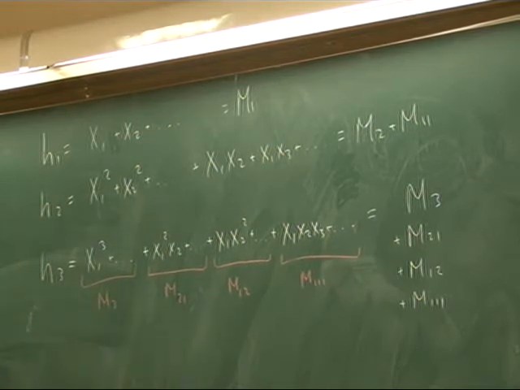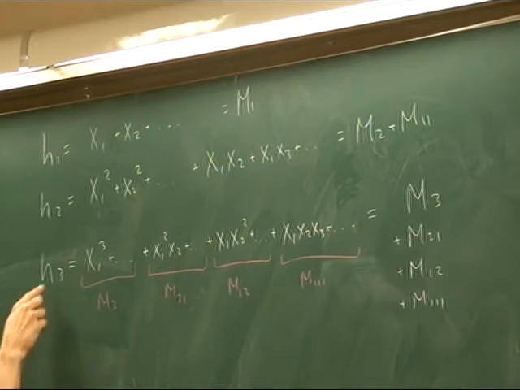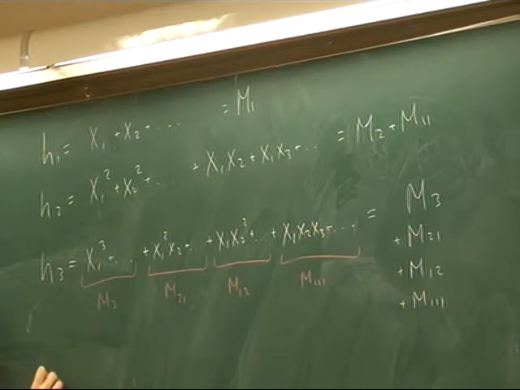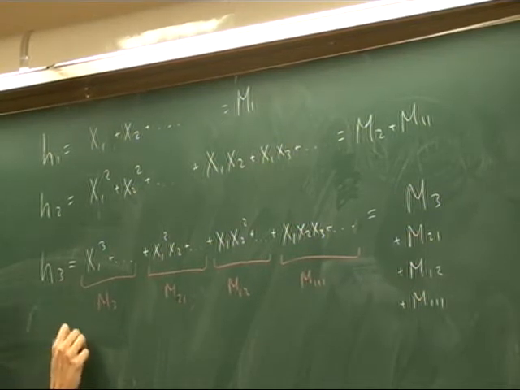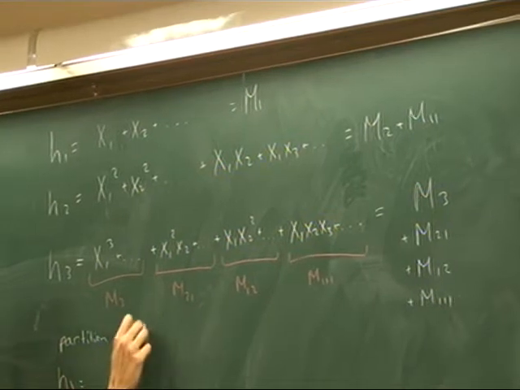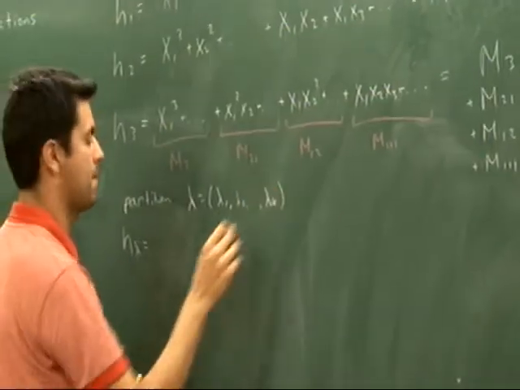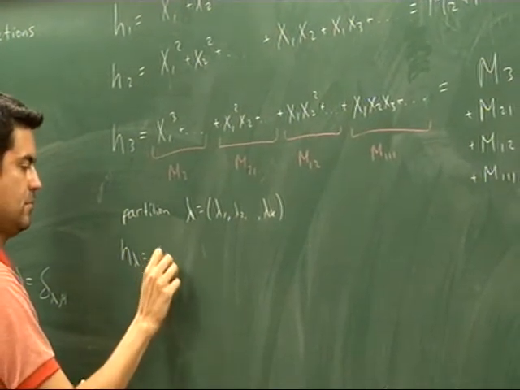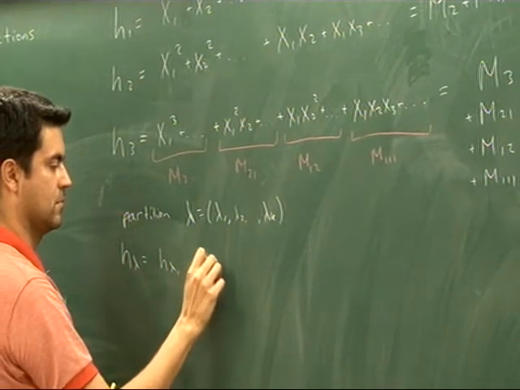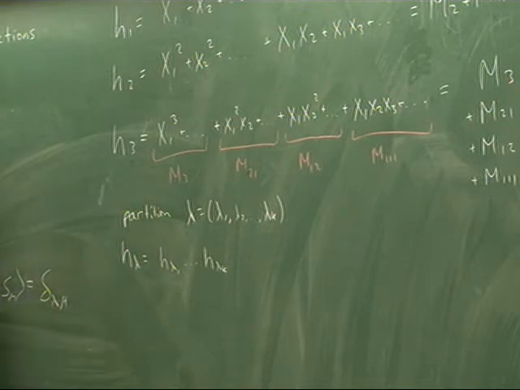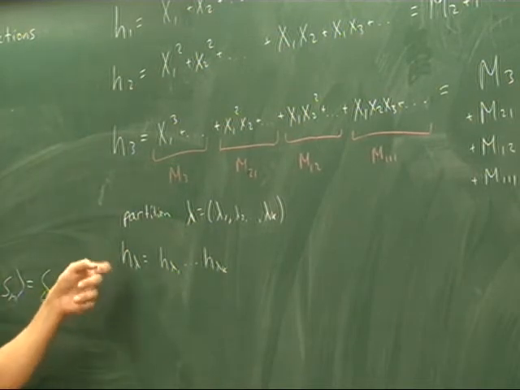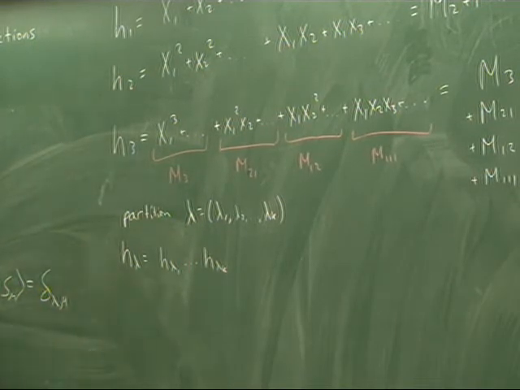So these functions are clearly symmetric, right? And so another basis for this would be h lambda, where for a partition I can take products of h's, and all these products of h's for partitions are going to be a basis for this.